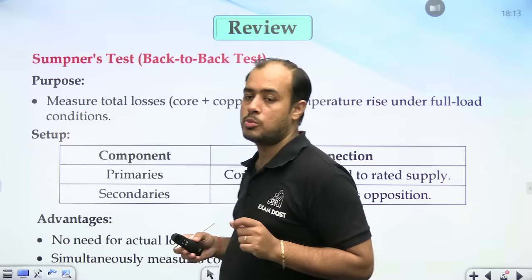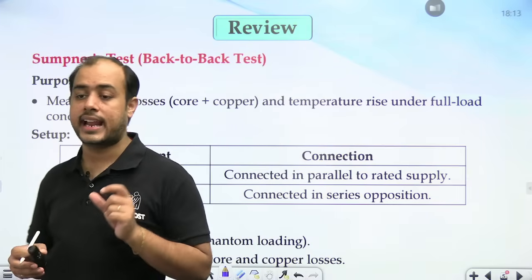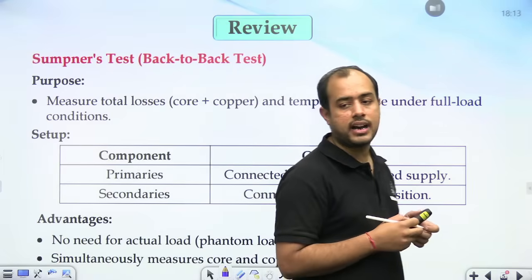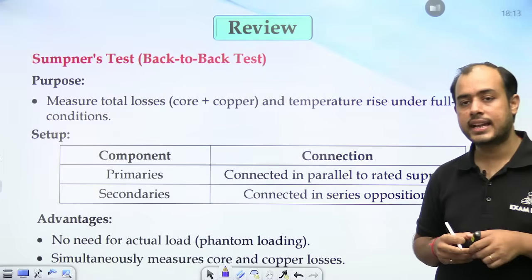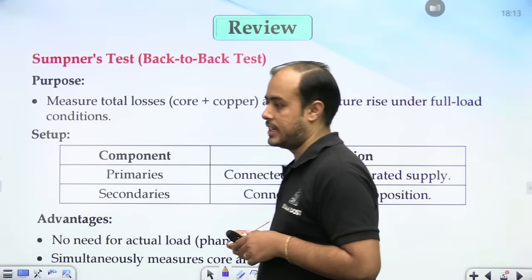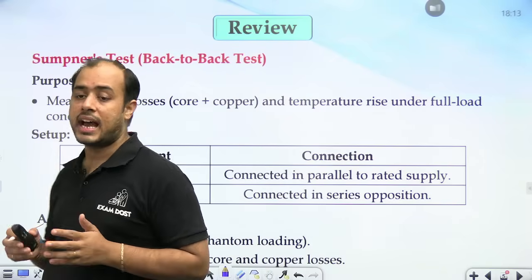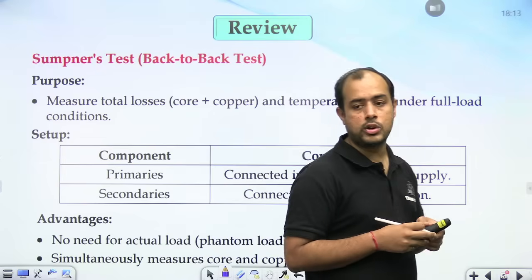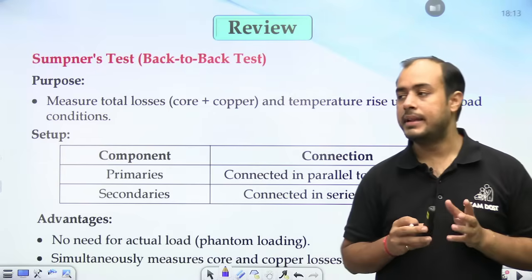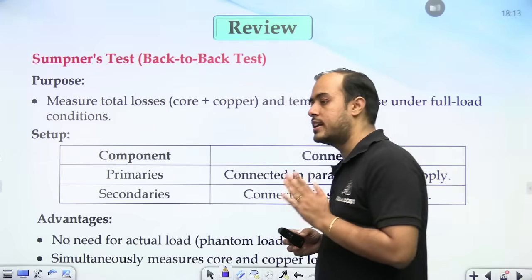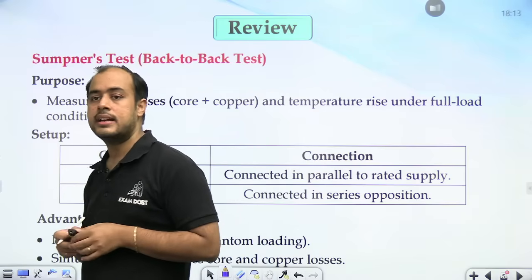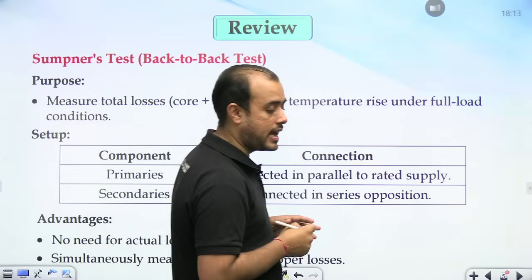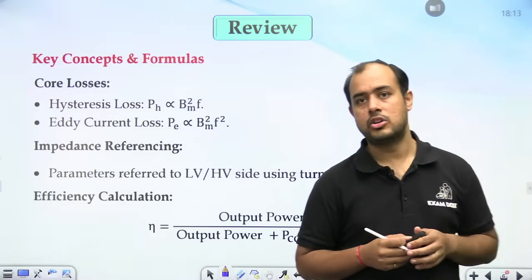By applying a small voltage across the secondary, we make sure that rated current flows in the secondary. So without applying the rated load, we operate the transformer at rated voltage and rated current. This is called phantom loading, and it has simultaneous core and copper loss.